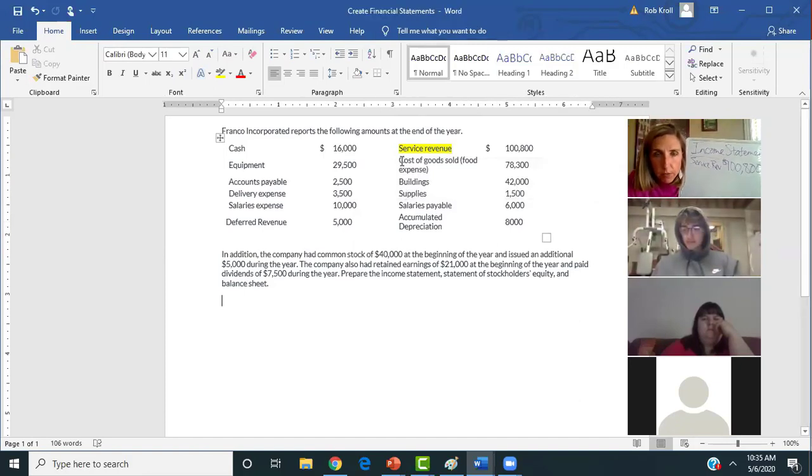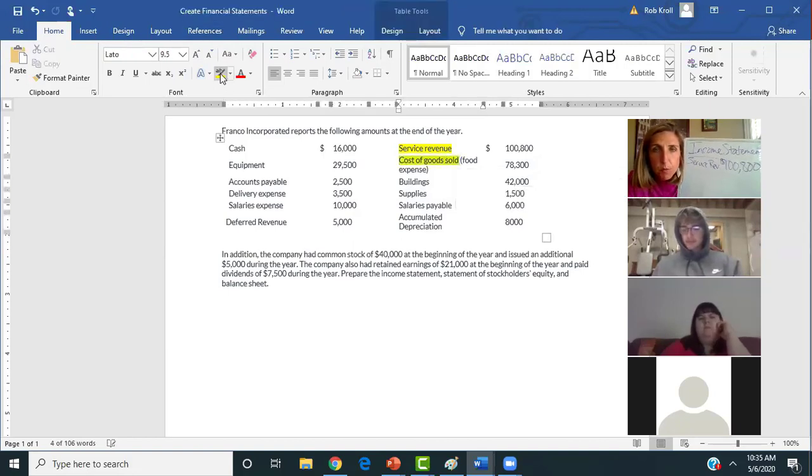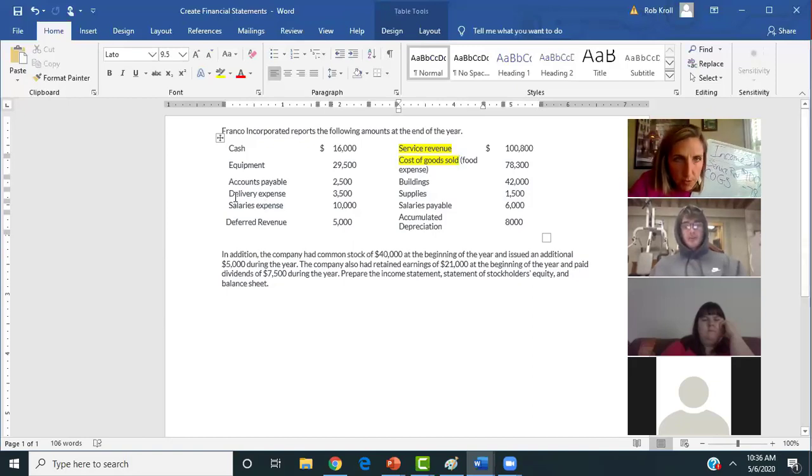Now, I'm not picky on the format, but I'm just highlighting these because remember, when we use an account, we don't use it again. It's going to go down right below the revenue amount. And then I'm going to list any other expenses. You could put gross margin on there if you wanted to, but you don't have to. So the other two expenses I see on this problem are the delivery expense and the salaries expense.